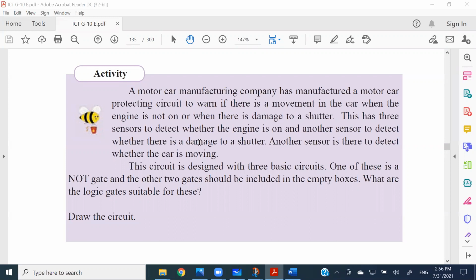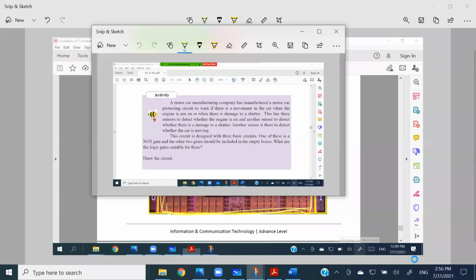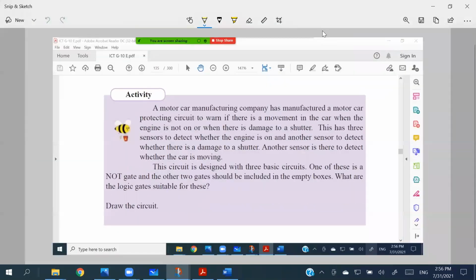All right, so first of all, how are we going to figure this out? We have to argue with the situation, right? So that means in this scenario, we should identify what the inputs and what the outputs are, right?